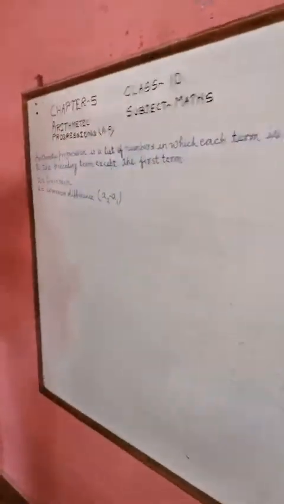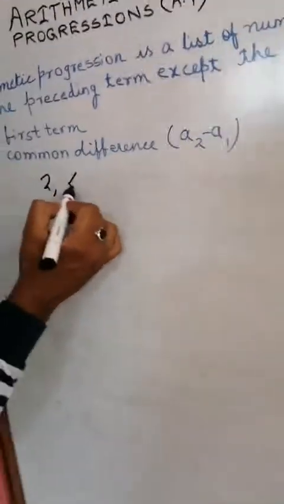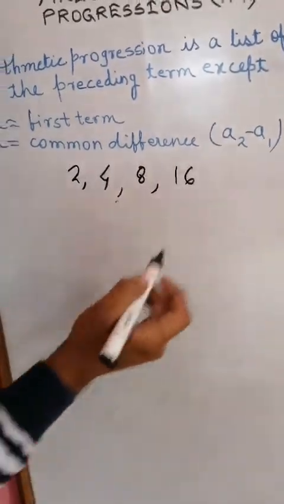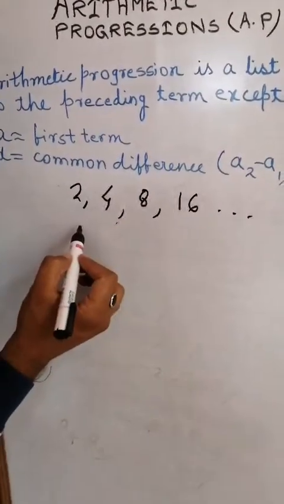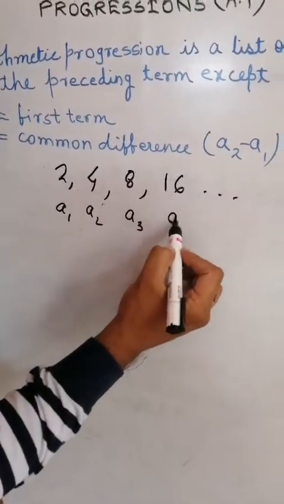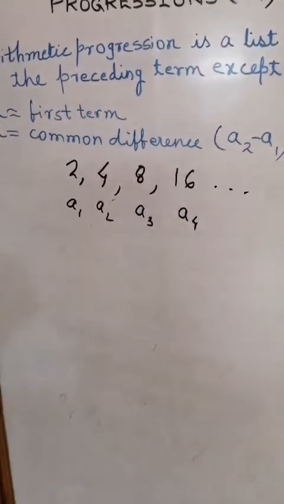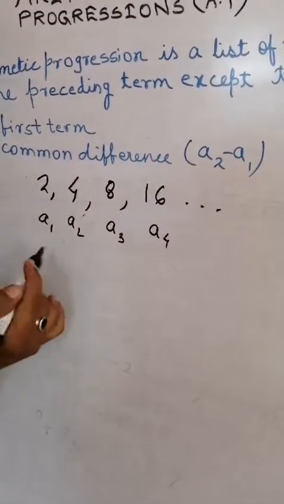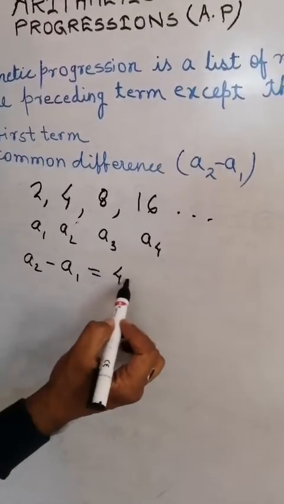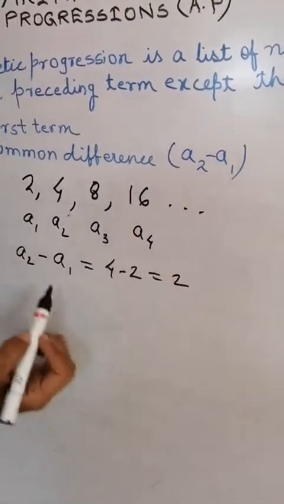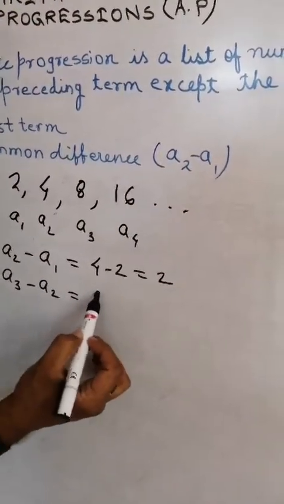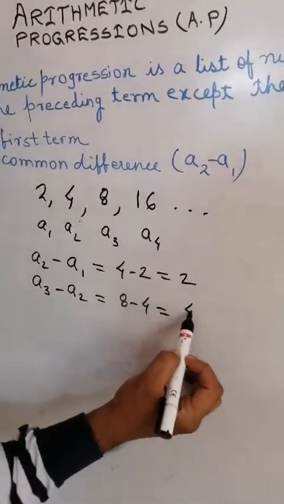Now see the first question: 2, 4, 8, 16. In this question, these numbers are marked as A1, A2, A3, A4. We subtract A2 minus A1: 4 minus 2, the answer is 2. Now A3 minus A2, 8 minus 4, it will be 4.